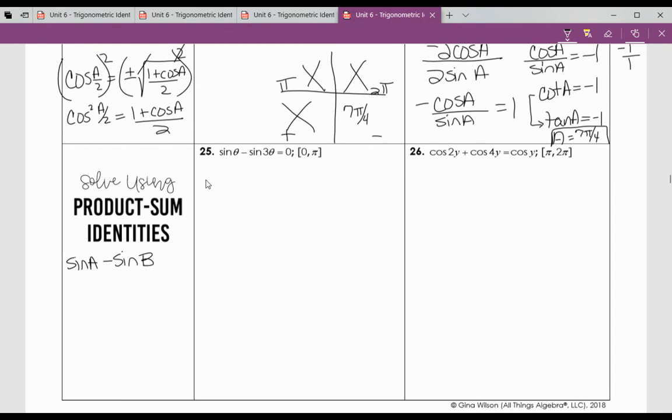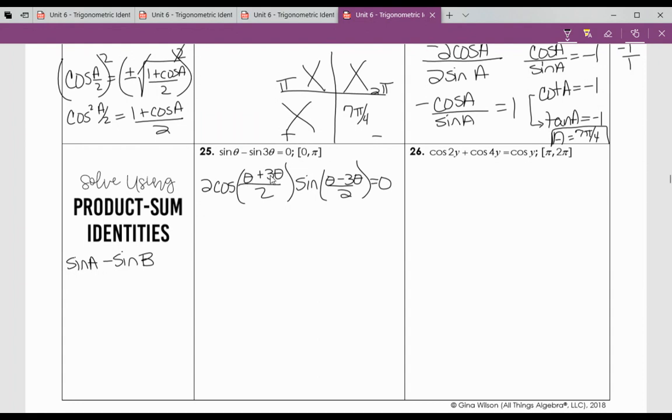So I'm going to do 2 cosine of theta plus 3 theta over 2 times sine of theta minus 3 theta over 2, and all that equals 0.